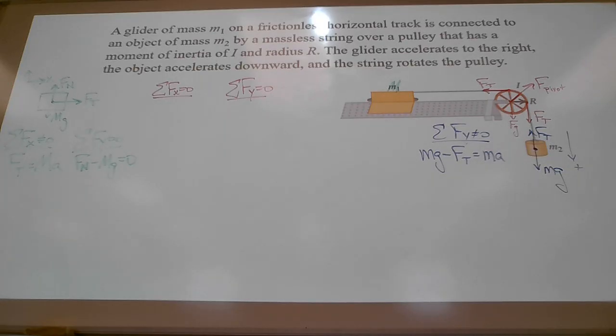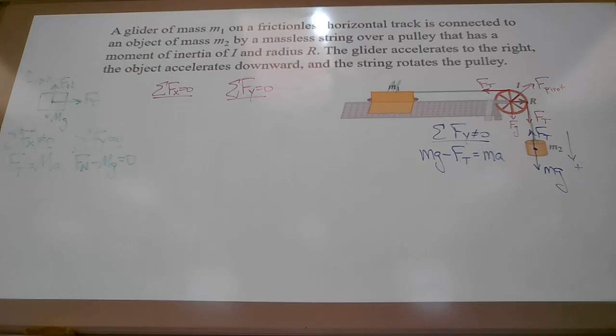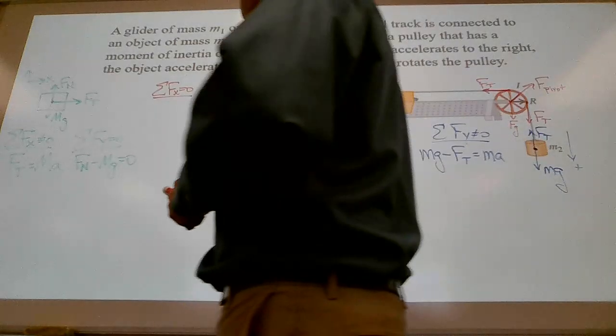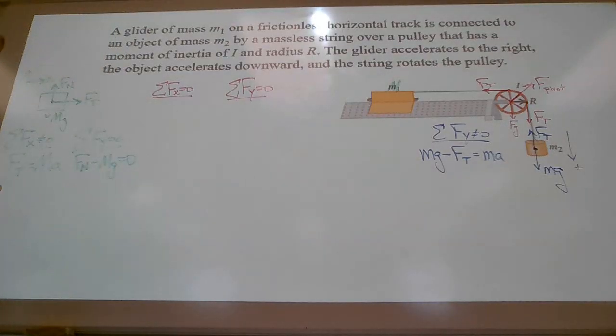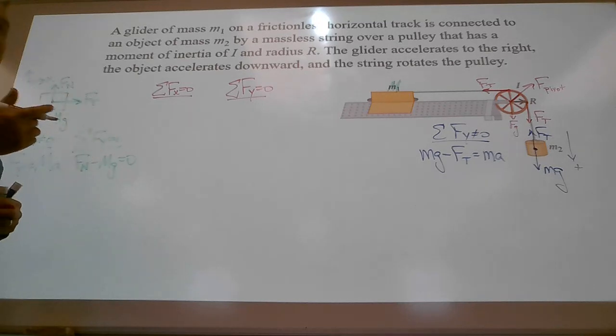Good? With that, where does that force come from? The axle, the thing that's holding the pulley still. This thing. Rarely do we need to deal with this, but it is a thing. That can be asked.